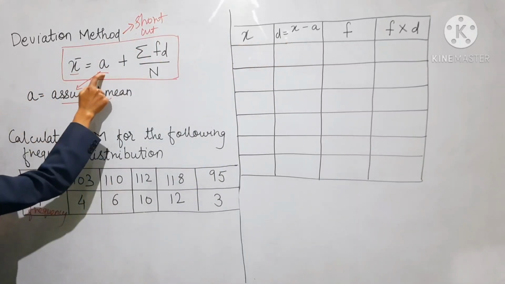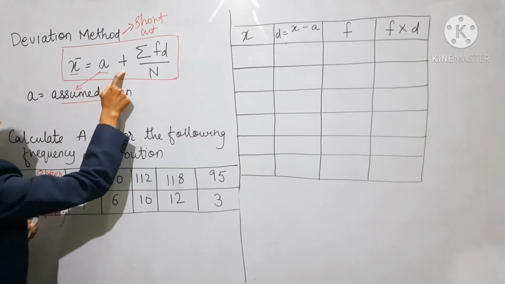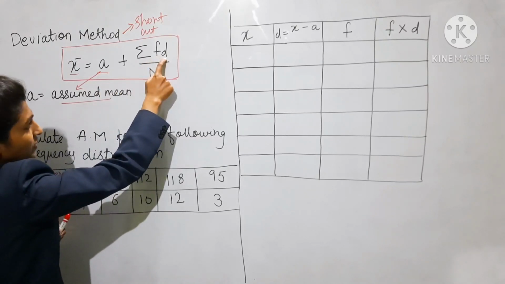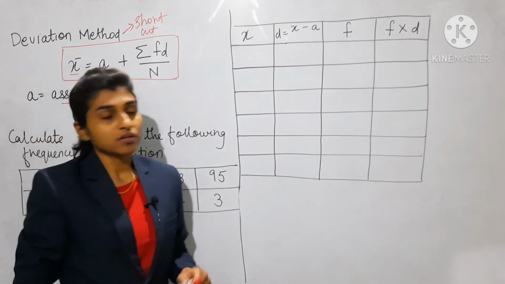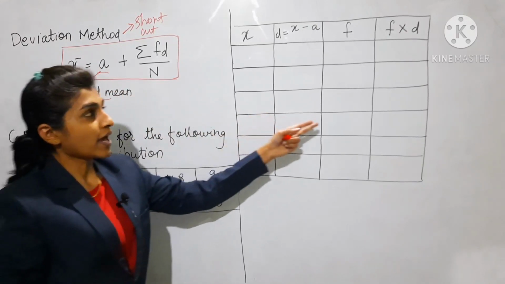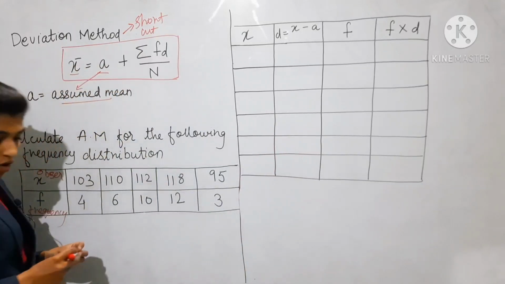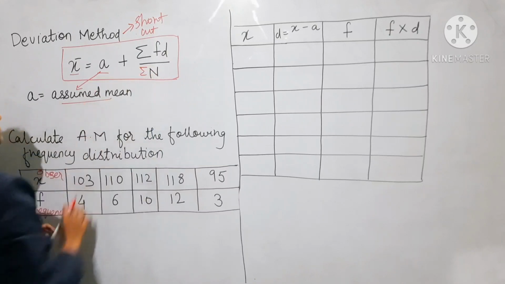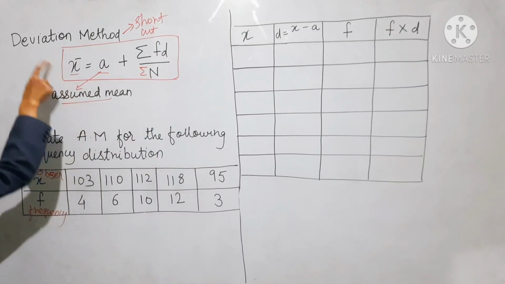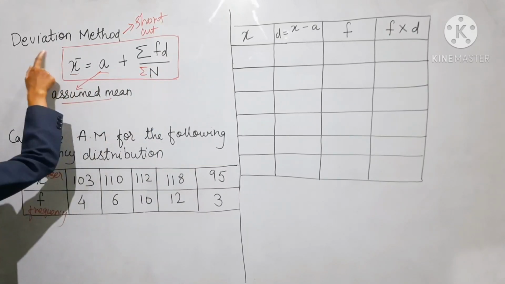So A means assume mean plus summation of FD divided by N, or summation of f. Clear? N is the number of observations. So this is the formula to find arithmetic mean by the deviation method.